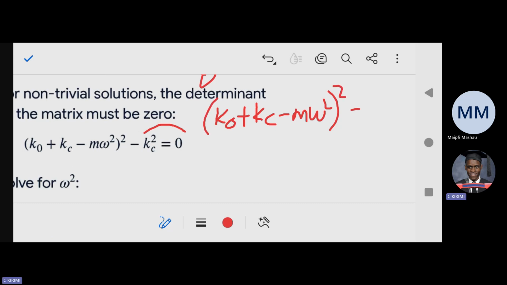Squared is equal to minus Kc goes to the right. It becomes Kc what? Kc squared. Kc squared. That is the first step. Now, when I want to remove the square, which square do I want to remove? This one. I want to remove that square, which means I must put a square root on the right-hand side.